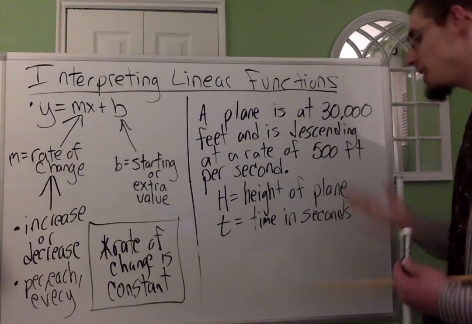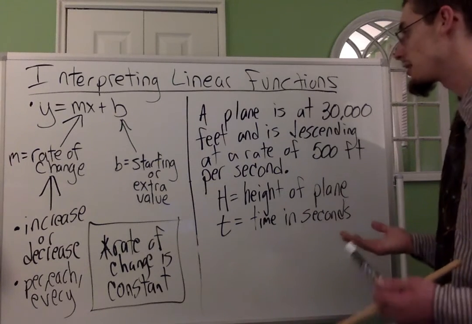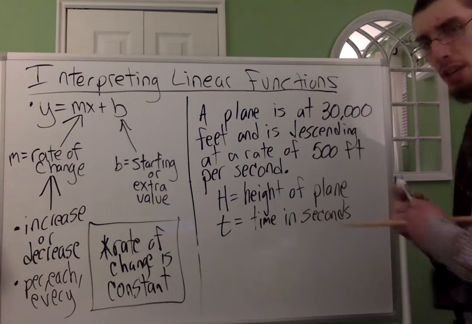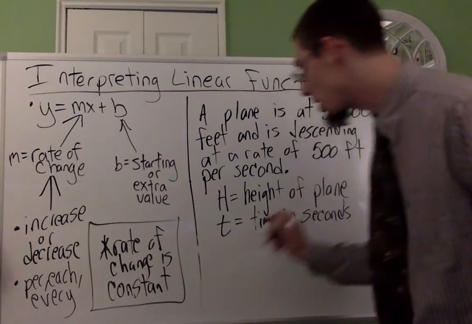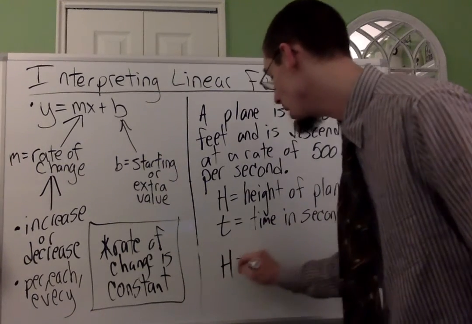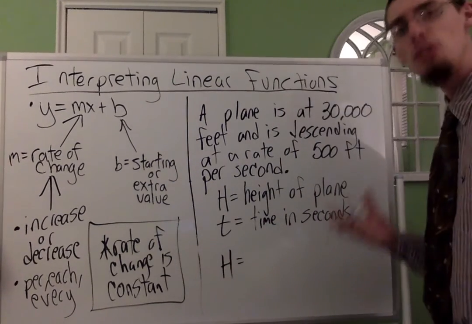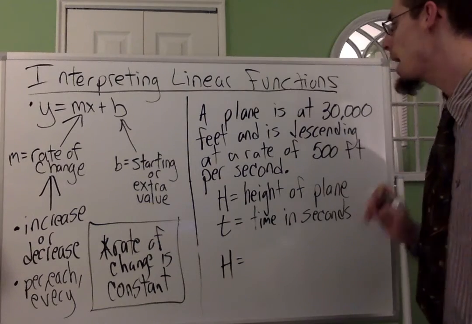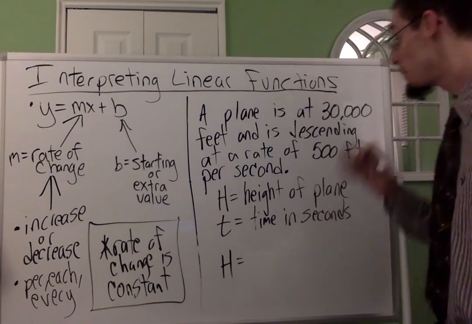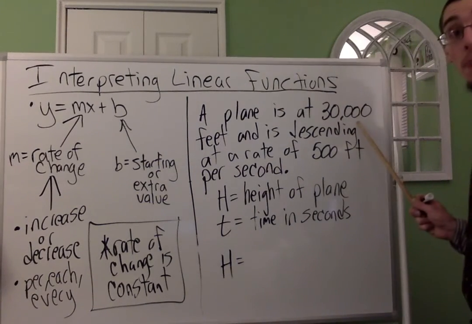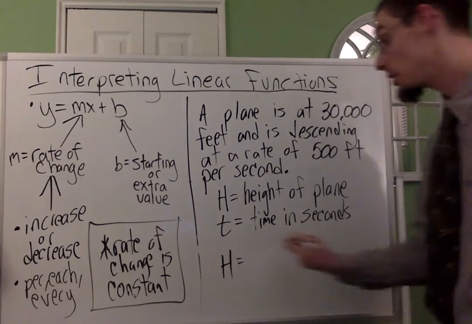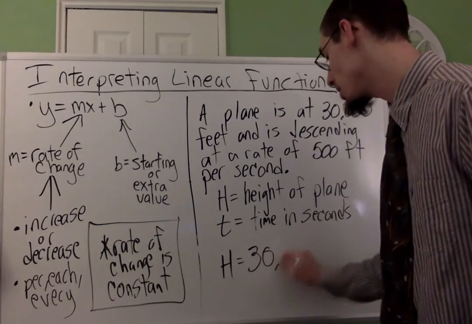H is going to be the height, t will be the time in seconds. So if you think about it, the current height of the plane. I'm going to write this in two different ways. Let's think about where the plane is right now. 30,000 feet, right? So right now the plane is 30,000 feet in the air.